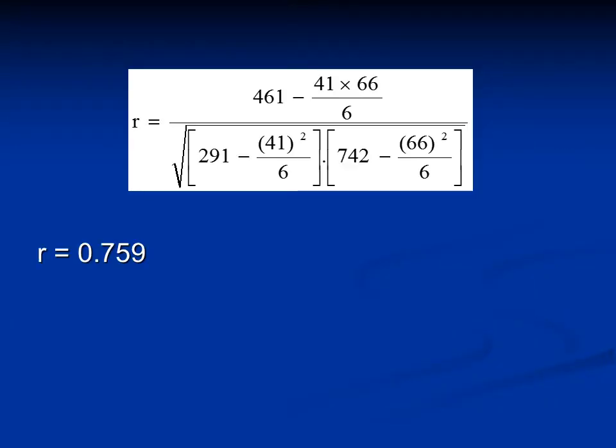After we have finished the calculations, you will find that the answer is R equal to 0.75, which you can say is an intermediate positive correlation between age and weight. So there is a positive intermediate relationship between age and weight.